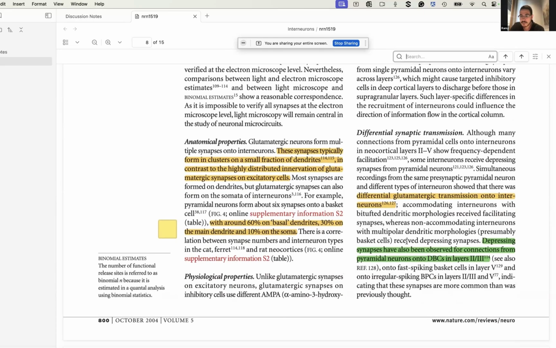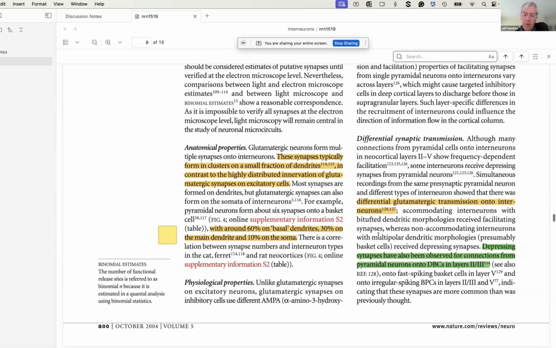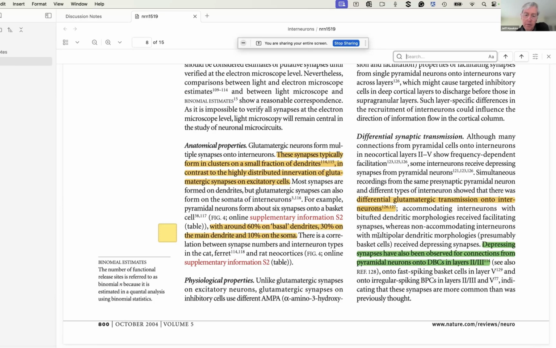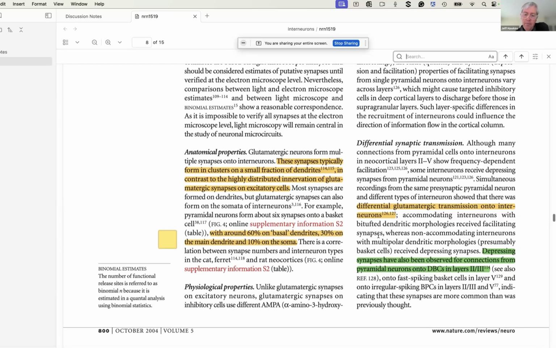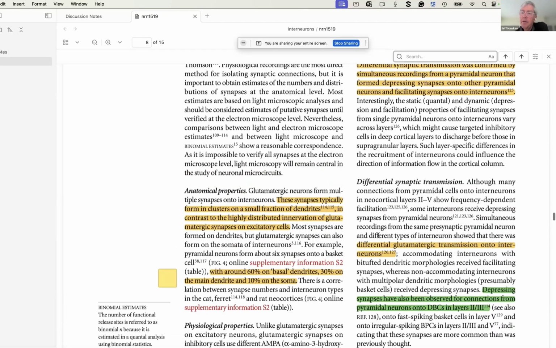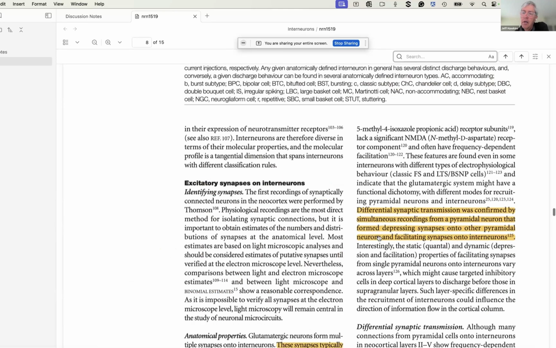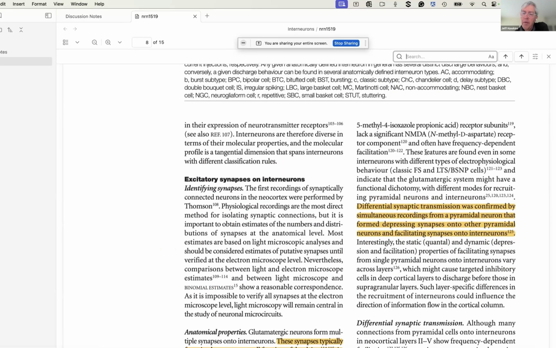Physiological properties. Okay, so unlike glutamatergic synapses on excitatory cells, glutamatergic synapses on inhibitory cells are different. Okay, can you go back to the top of the page now? Okay. And often have frequency-dependent facilitation. These features often found in some interneurons, some different types of physical behavior. The glutamatergic system may have a functional dichotomy of different modes for recruiting pyramidal neurons and interneurons.